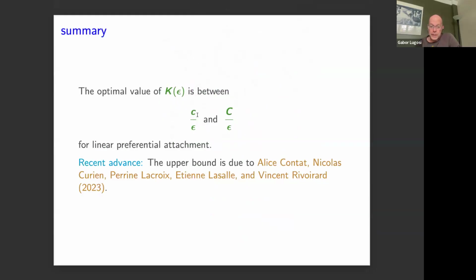Now we know, after this beautiful work of Contat, Nicolas Curien, and Lacroix, Lassalle, and Riouard, that in fact constant over epsilon is enough. But for that, they had to look at degrees of vertices.